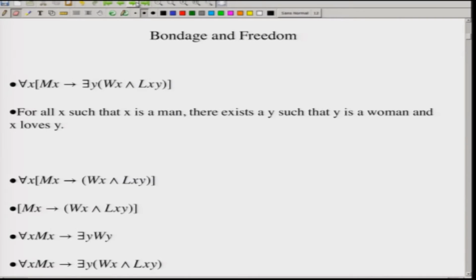First of all, as I said, we start with bondage and freedom. Intuitively we understand what bondage is and what freedom is. If we look at it, we can see that in this case, this variable is bound.